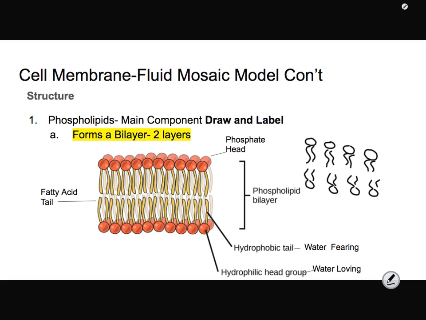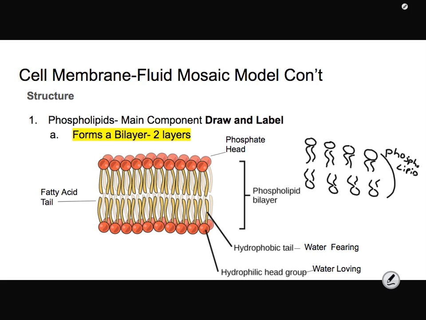All right, people. So this is our phospholipid. Let's go ahead and we're going to say this area here is the phospholipid. Now, we're going to take this a step further.